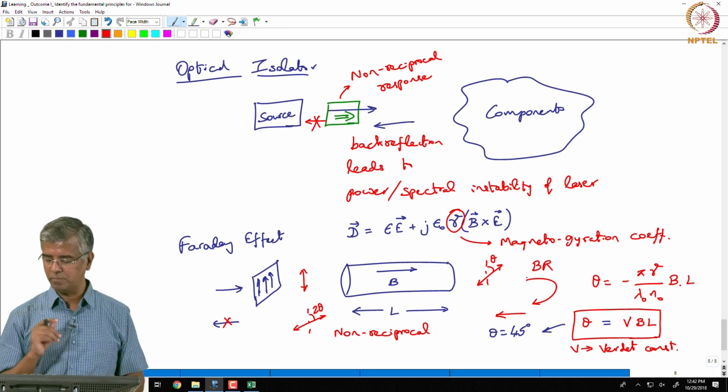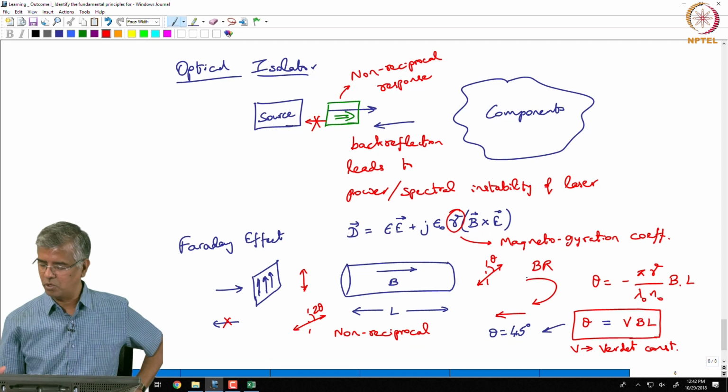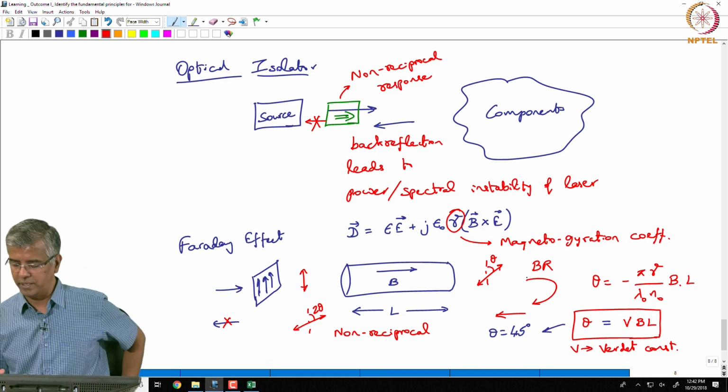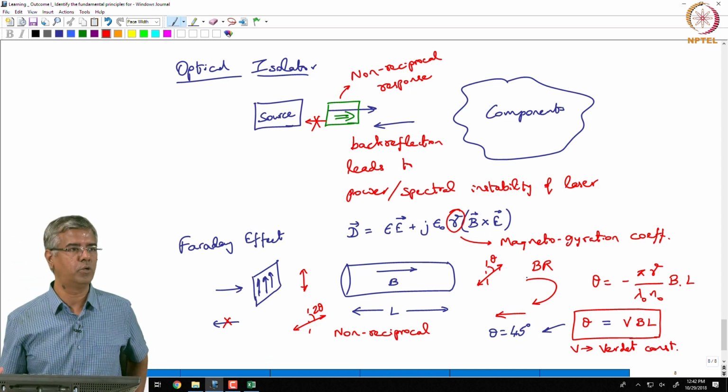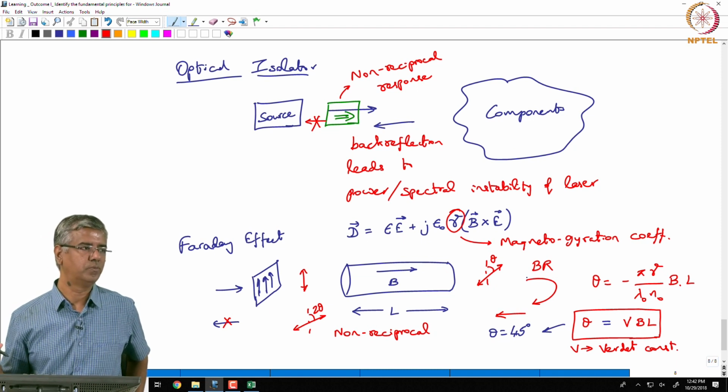And there is something very important about this. You go back and look at the Faraday constant. The Faraday constant is inversely proportional to lambda, the wavelength of the light that is going through.